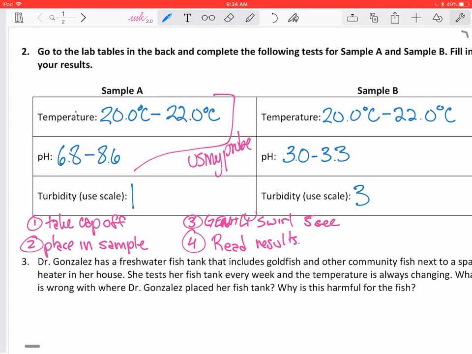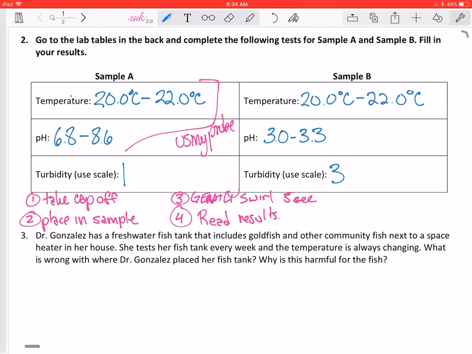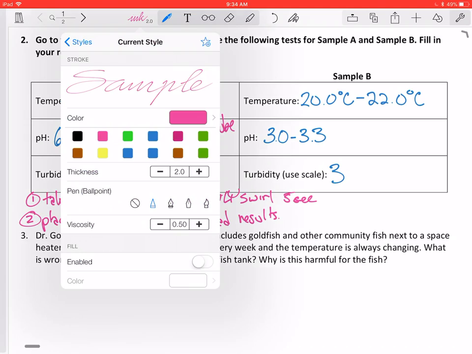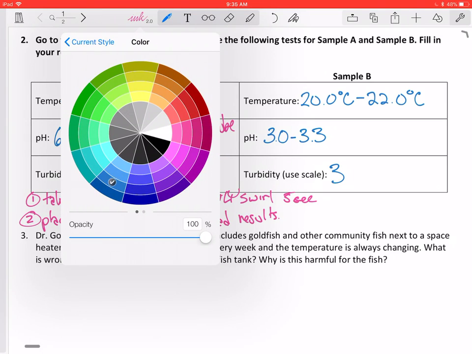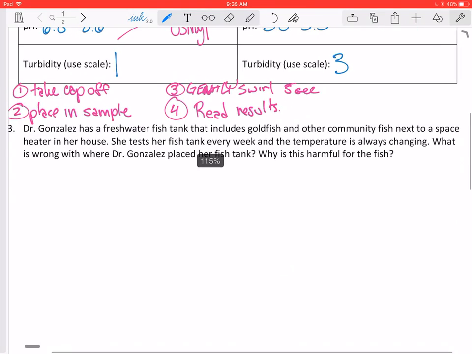All right. Looking at number 3. So again, I did look at the ranges here for number 2. So as long as you fell about within those ranges, you got that correct. But let's look at number 3.